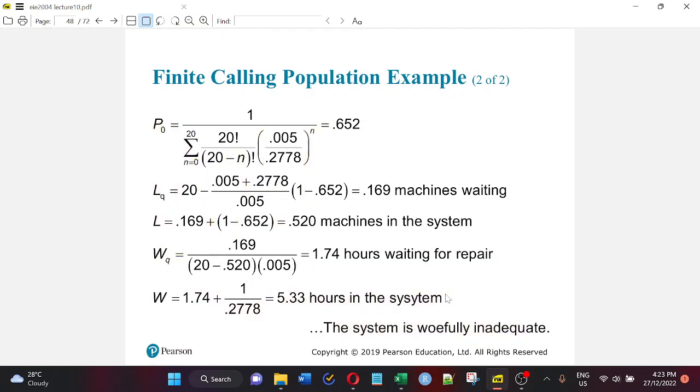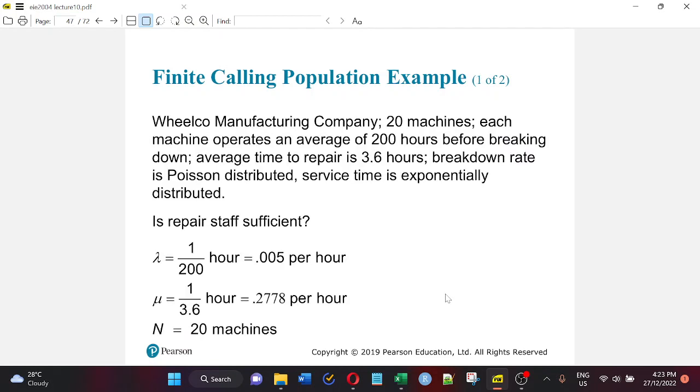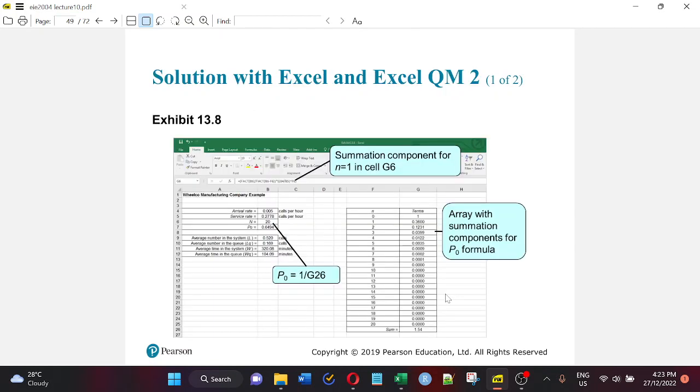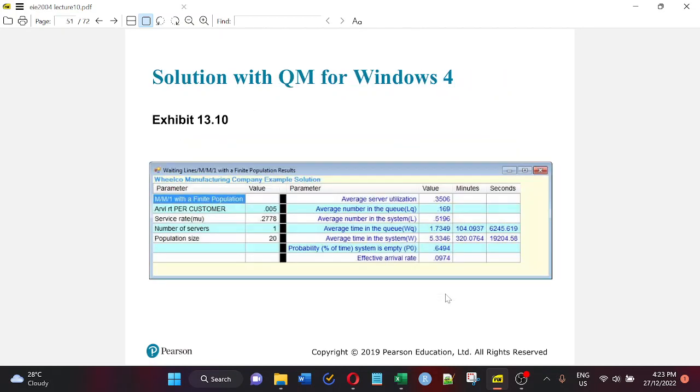Imagine you are running something, and every 200 hours one machine breaks down, and you have 20 machines, all will break down every 200 hours. So imagine what happens to your manufacturing company, to the manufacturing plant, if the machine spends 2 hours waiting, and then 5.5, over 5 hours in the system? You can't use this.